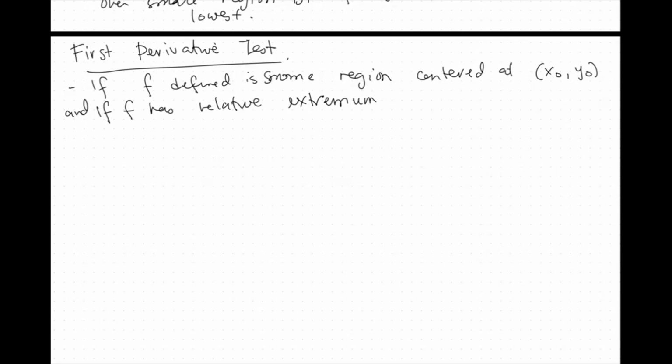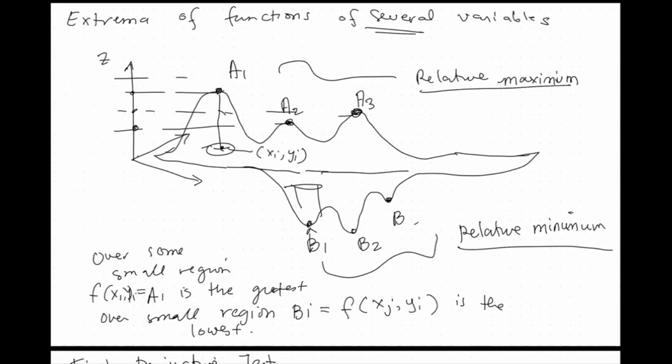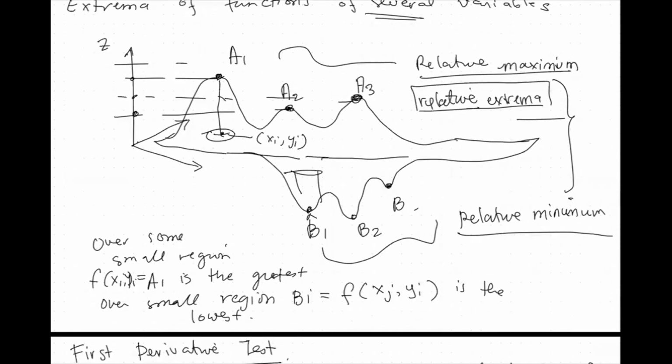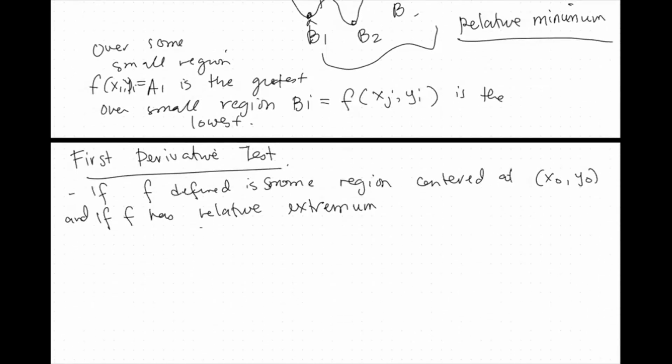Let me go back here. So these relative maximum and minimum are called relative extrema in general. As we have in Math 27, you have a relative extremum at this point x0, y0. Then what can you say?